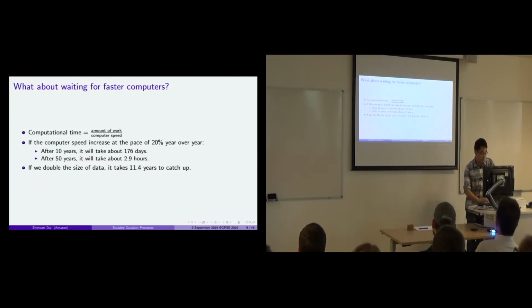So when we double the size of the data, it will take another 12 years to catch up the speed if we only have a 20% year-over-year increase in hardware performance.